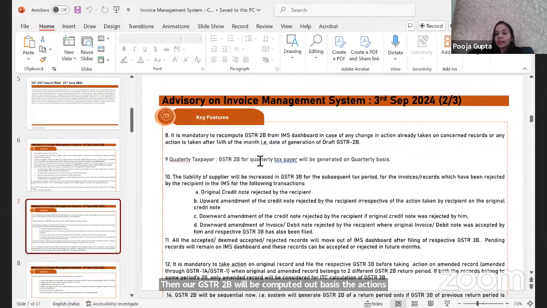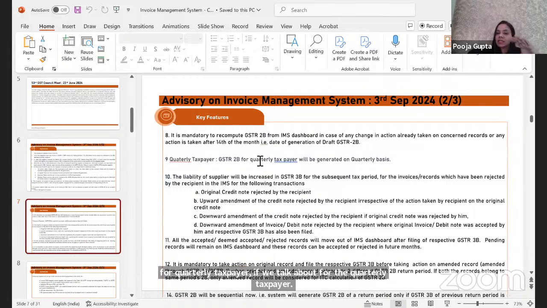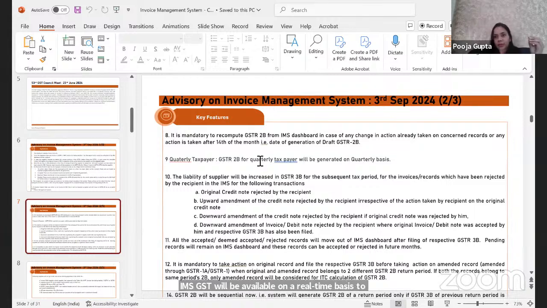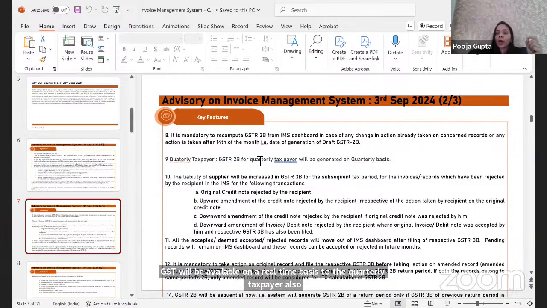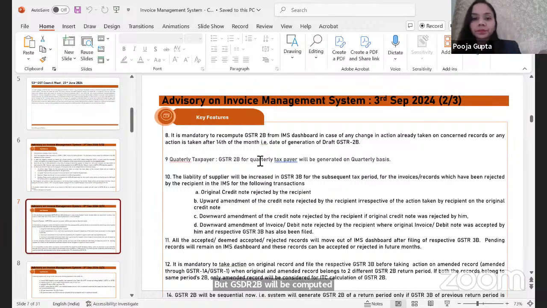For the quarterly taxpayer, IMS will be available on a real-time basis also, but GSTR 2B will be computed on a quarterly basis only. Hope it is clear to everyone how the IMS dashboard is going to work.